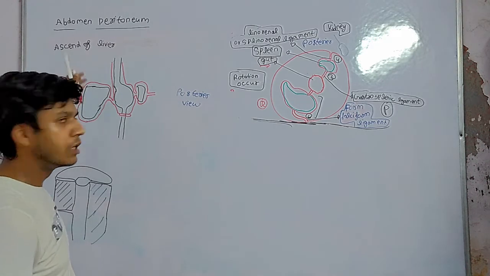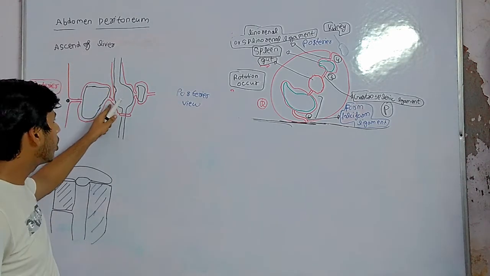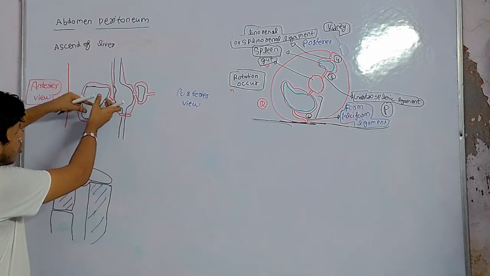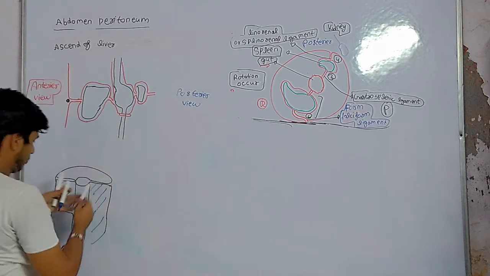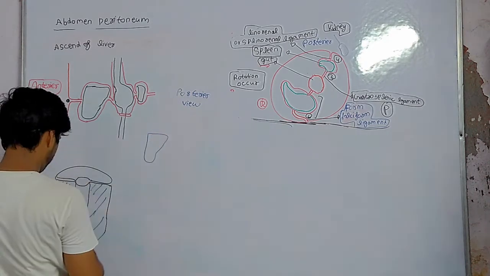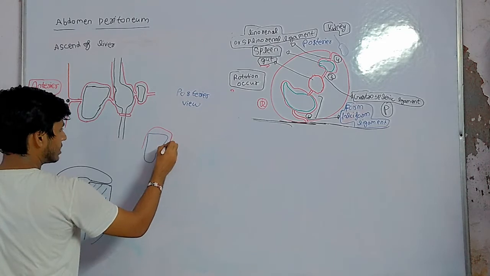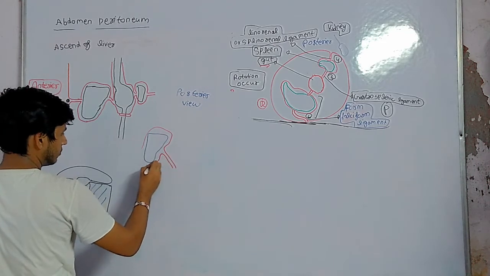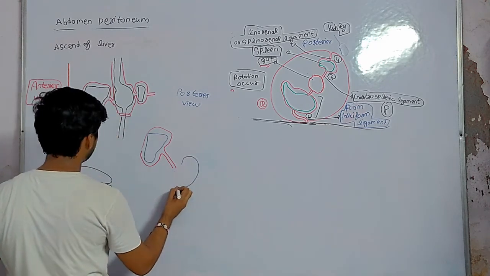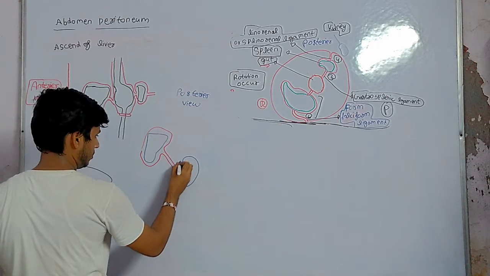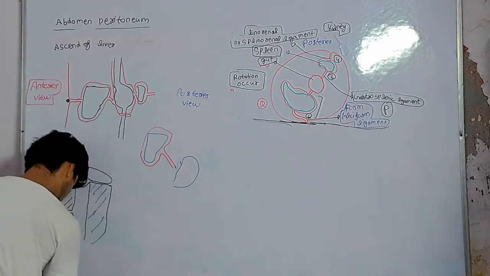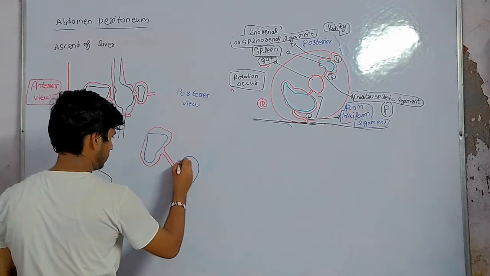If the liver ascends, it shortens and forms the falciform ligament. And what about this ligament? This is a longer ligament. When the liver ascends upward, it stretches and elongates like this. Liver goes upward. This ligament is present like this. It stretches, curtain-like, and here is stomach.